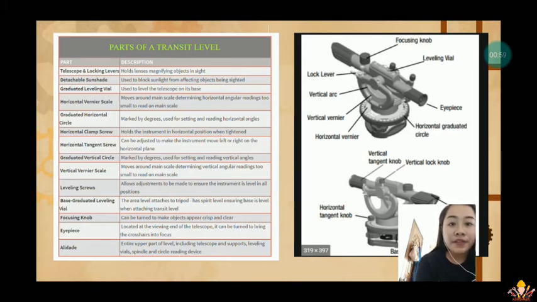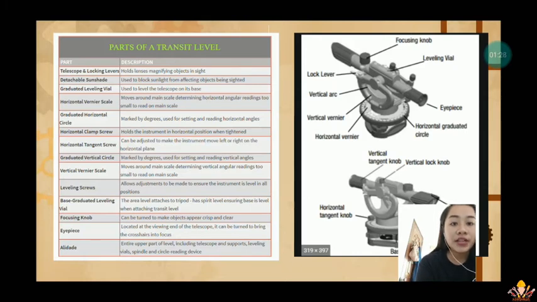We also have the graduated vertical circle, marked by degrees, used for setting and reading vertical angles. We also have the vertical vernier scale, which moves around the main scale, determining vertical angular readings that are too small to read on the main scale. We also have the leveling screw, which allows adjustment to be made to ensure the instrument is level in all positions.